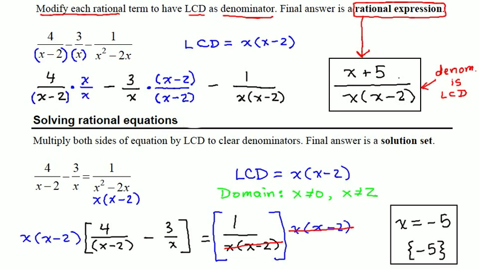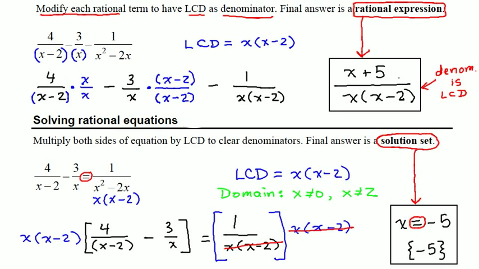If we look at the equation, this started out with an equals sign in it, and when I'm done, there is still an equals sign in it. We're saying that x is equal to a number. So my final answer here is a solution set. It should be a set of x values which we can express as x equals, or using some sort of set notation listing the values that are in the solution set.